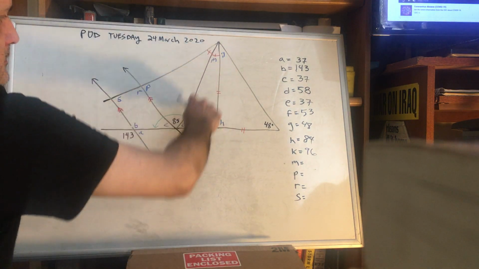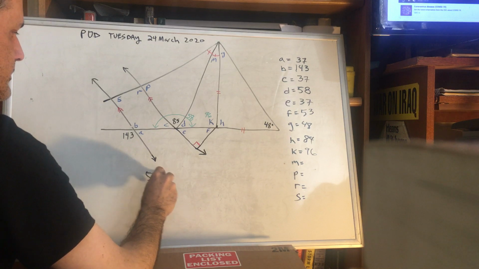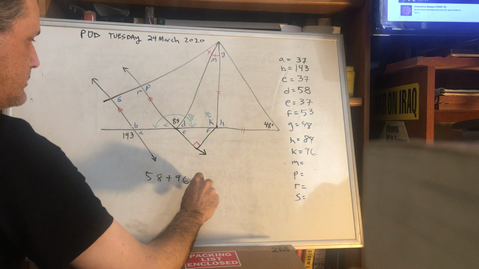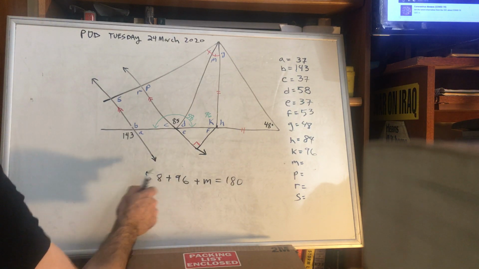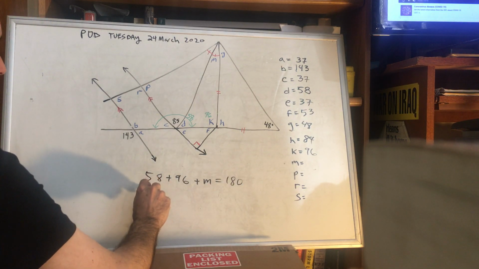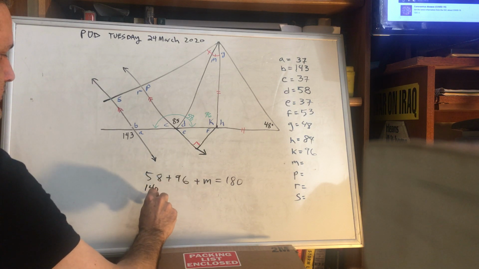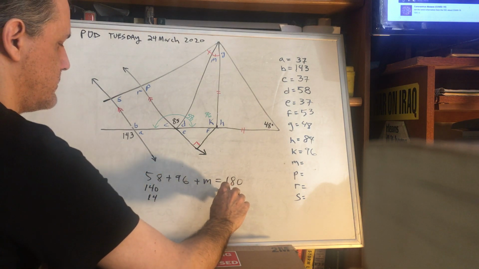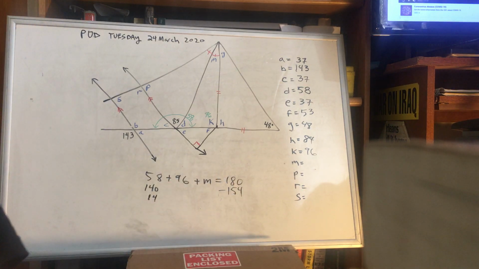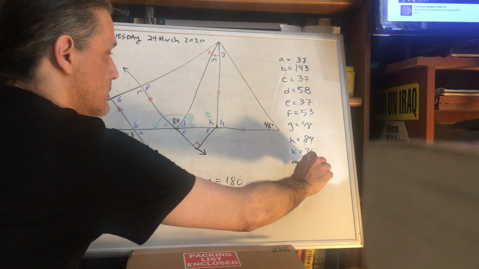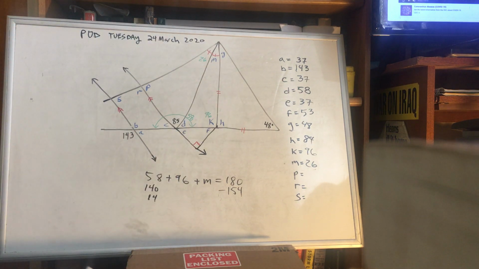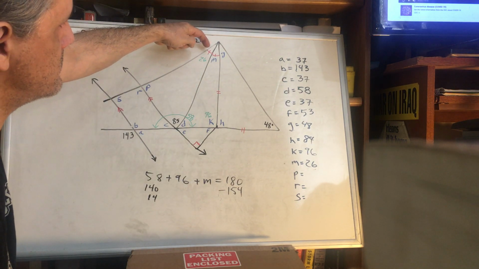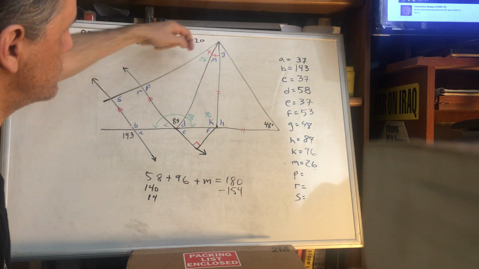Alright, interior angles of a triangle, so 58 plus 96 plus M equals 180. Alright, so 90 plus 50, 140, 8 plus 6, 14, so we're going to subtract 154. Alright, what's that, 26? Alright, so you got 26. Well, that means this is 26 too, because of the symbols, the angle bisector, those angles are congruent.